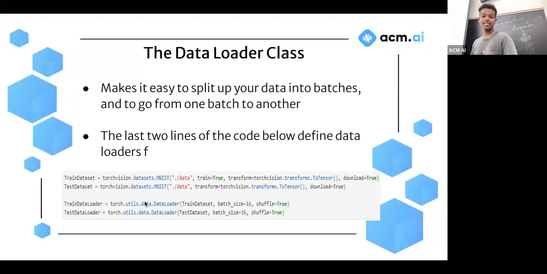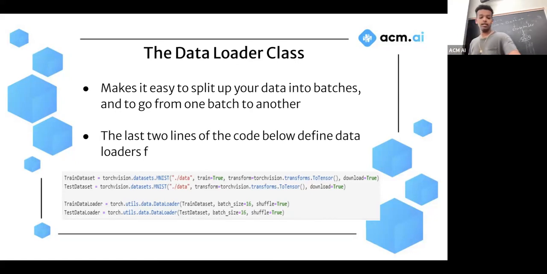So this is an example of a DataLoader. It takes your training dataset and test dataset. Again, you make two different DataLoaders for your training and testing datasets, and you give it the batch size, which in this case is 16, and then shuffle, which just randomizes it, right? And then you make that true, so it randomizes your training data.